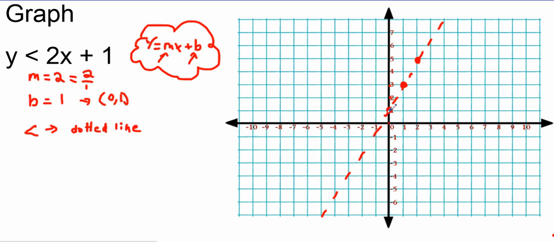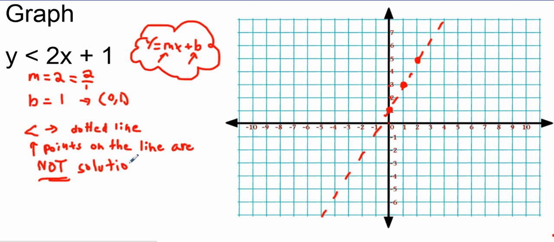Once again, this implies points on the line are not solutions. What that means is our solutions come right up to the line, but not on the line.